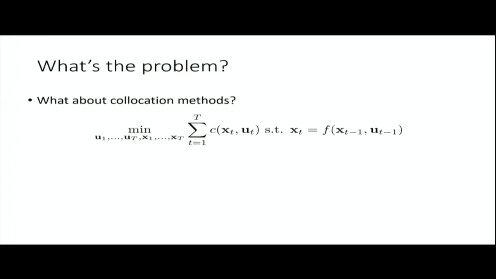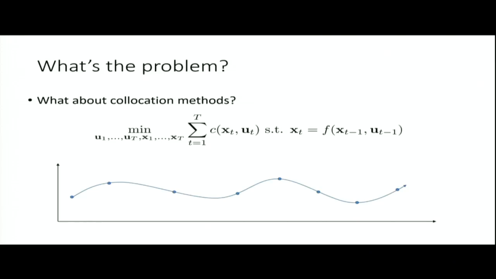Instead of folding the equality constraint into the objective to produce an unconstrained optimization problem, they keep it as a constrained optimization problem and optimize either over states or over states and actions. Graphically, we keep track of what all these states are. Even though the states are just a consequence of your actions, we keep them as variables anyway, and then we move them around in order to improve our trajectory.